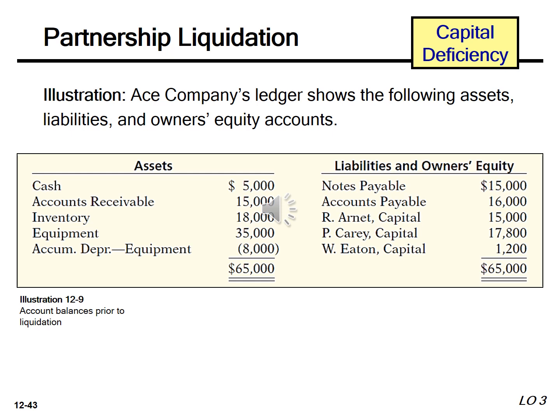On the liabilities and owner's equity side we have notes payable, accounts payable, Arnett capital, Carey capital, and Eaton capital. If you look closely, you'll see that the numbers and the accounts are exactly identical to what we had earlier in the previous illustration. So let's move on through the illustration and see what is going to be different here.